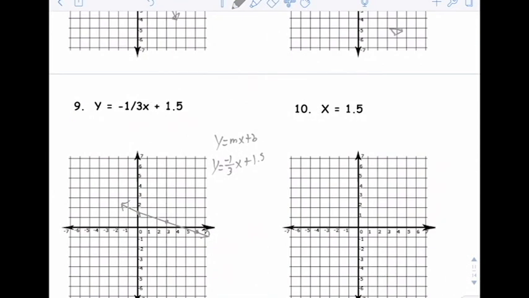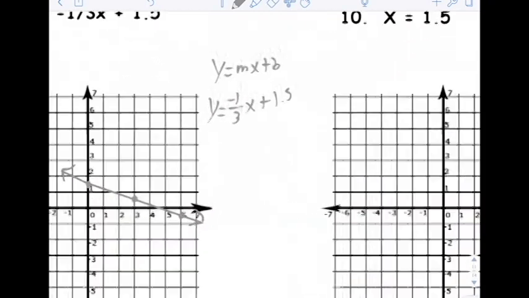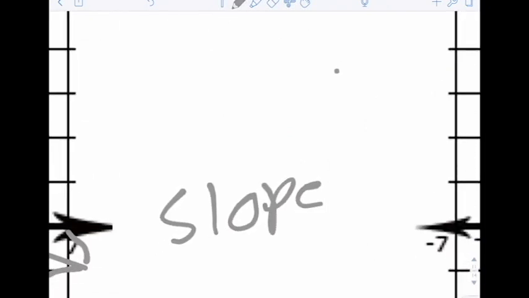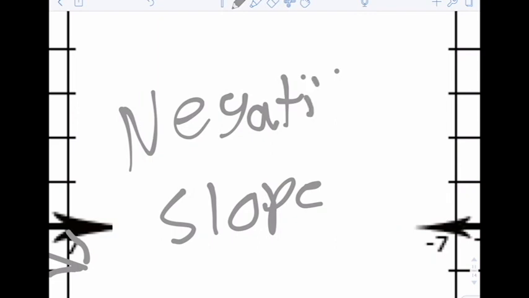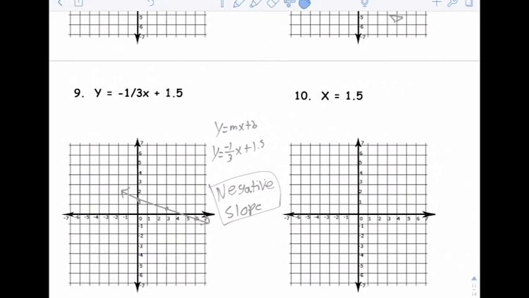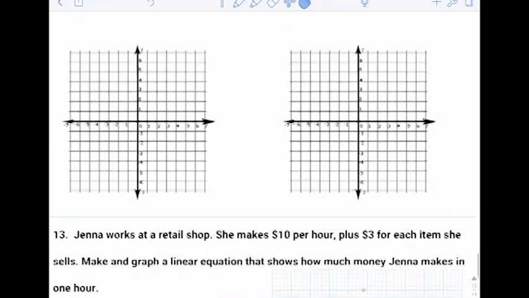So for now, this would be a negative slope. Write that a little bit better. All right. So go ahead and try 10 through 12 on your own.